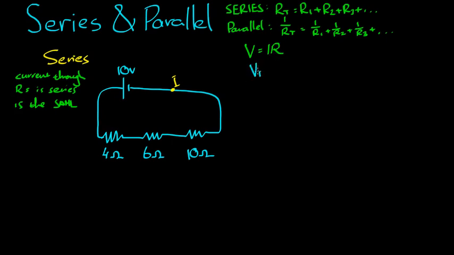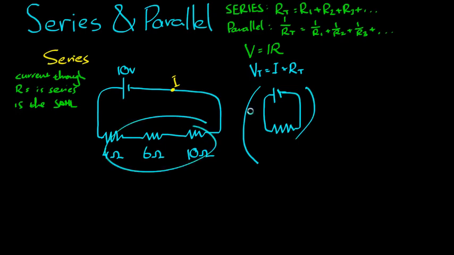So V total equals I times R total. To find the total resistance, we look at it from the perspective of the battery. The battery doesn't know what's going on down here. All it sees is a big bit of resistance in the circuit. So we can collapse these resistors into one.